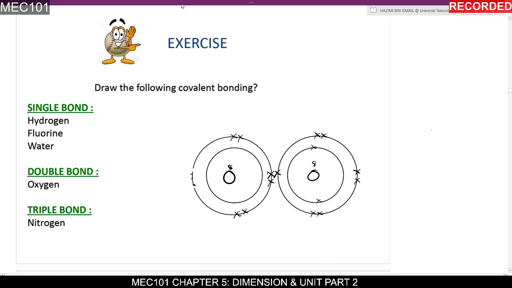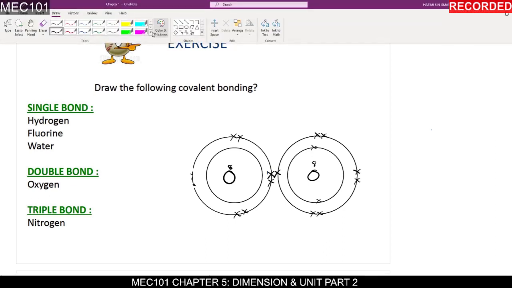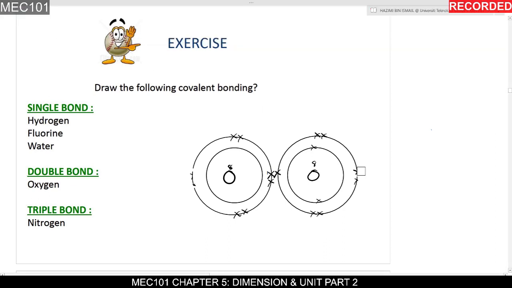So it has a total of 6 here. And on the right hand side, we also have to put 2 here, so you will get 2, 6, 4, 6.